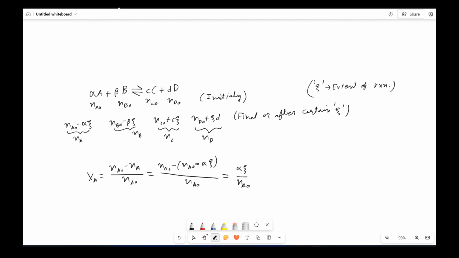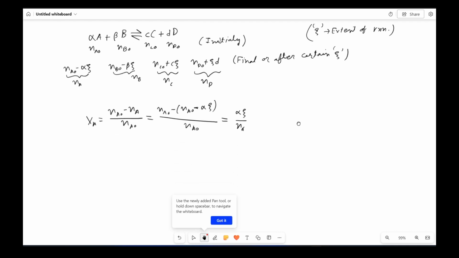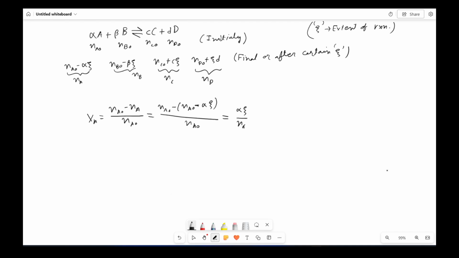So directly we get this formula without much complication.